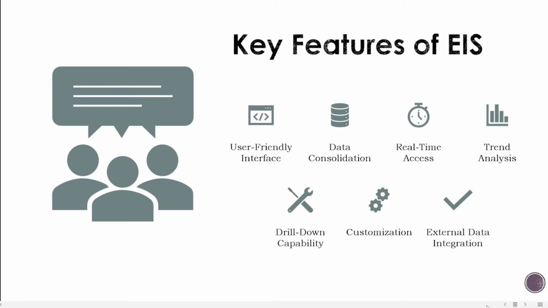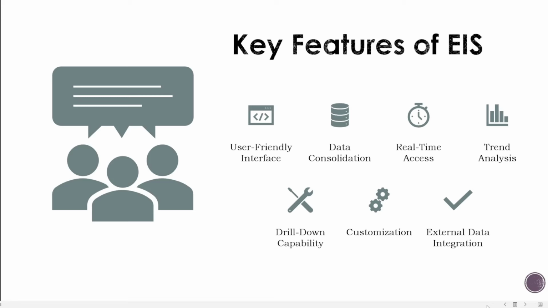Number three, there must be a real-time access also. So many EIS tools offer real-time data access, ensuring that executives have the most up-to-date information when making decisions. Number four, trend analysis. So an EIS often includes tools for spotting trends in data over time, which can be crucial for strategic planning.